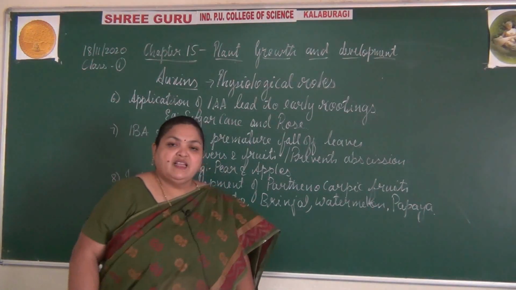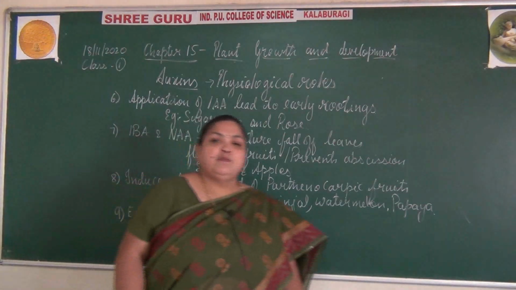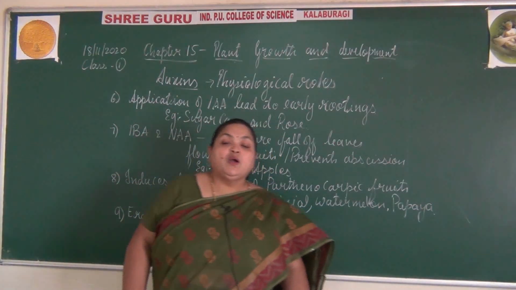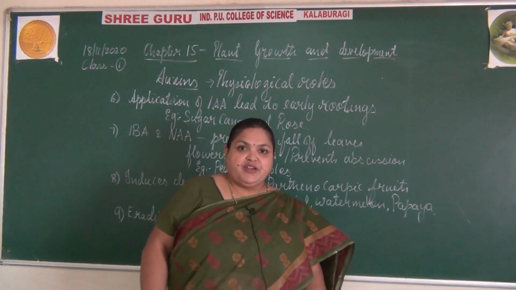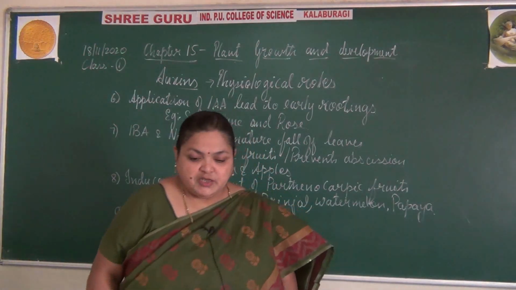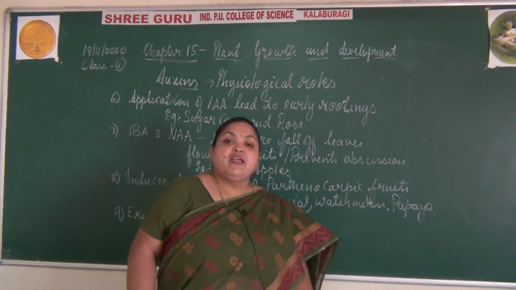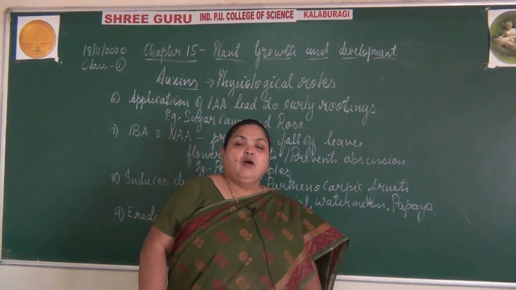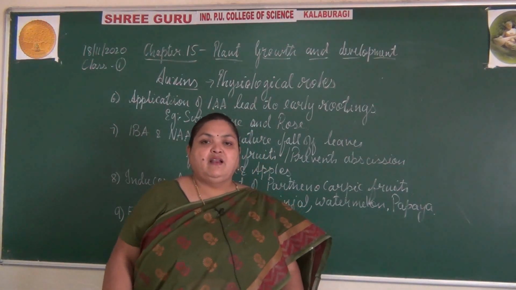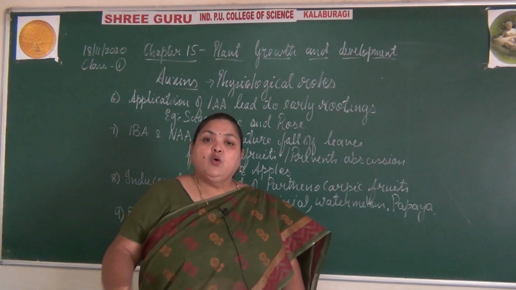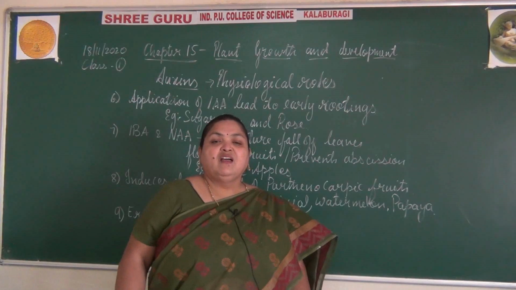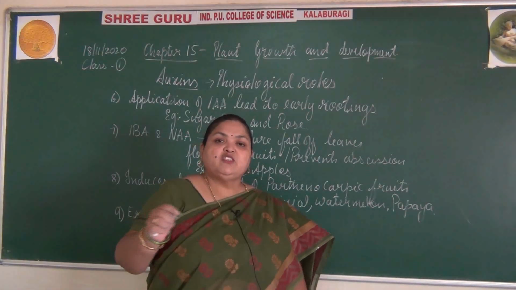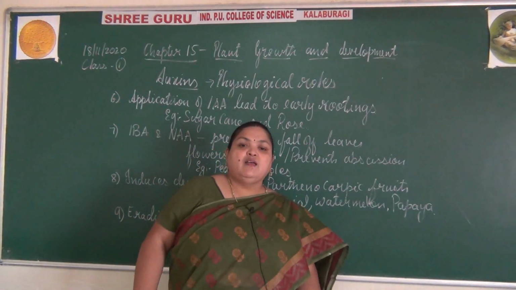So in this class, on plant growth and development, we have seen how these auxins are secreted and what their physiological roles are. They were discovered by Charles Darwin and Francis Darwin, who initiated their experiments with the help of the canary grass, which showed a response towards the light.